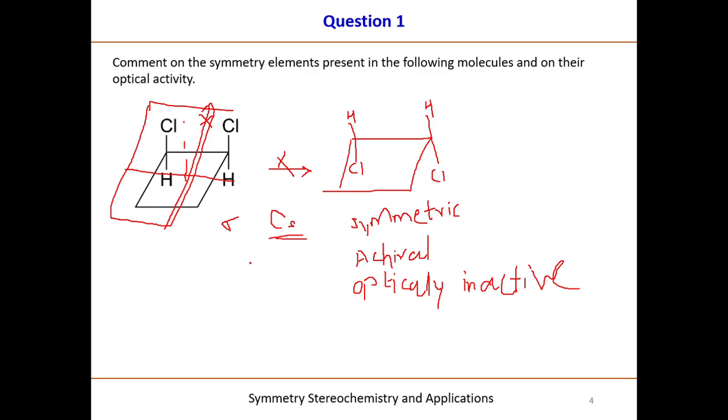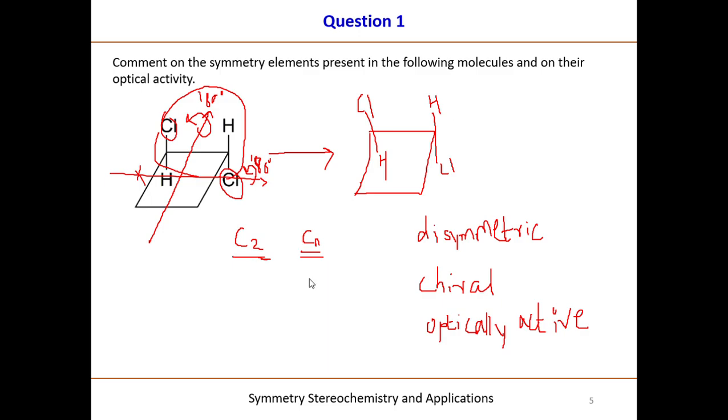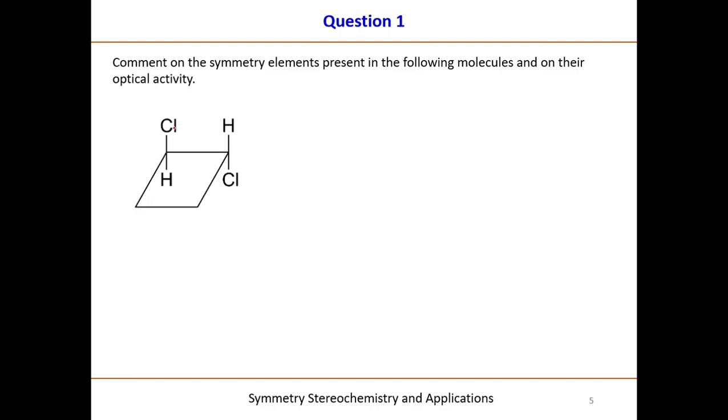Now let's talk about the other one. Here we will check the axis of rotation and plane of symmetry. First I am checking the axis of rotation. If I rotate this molecule by 180 degrees, what will happen?